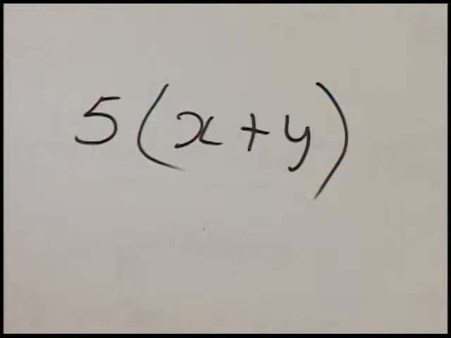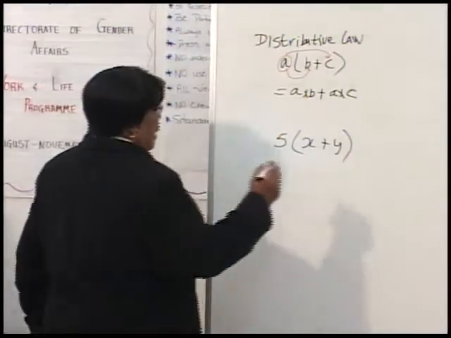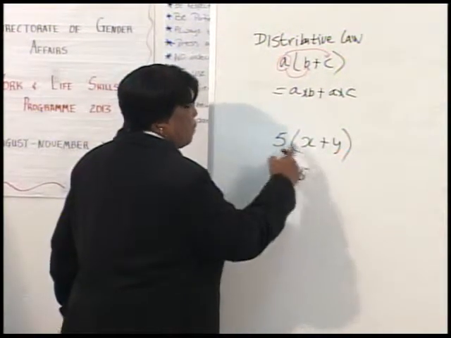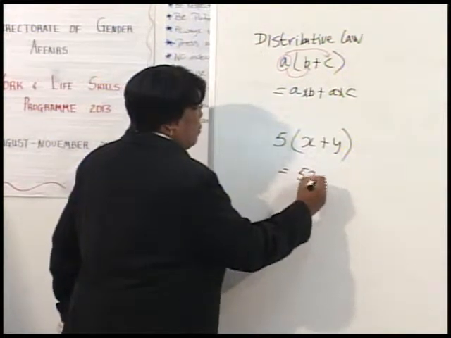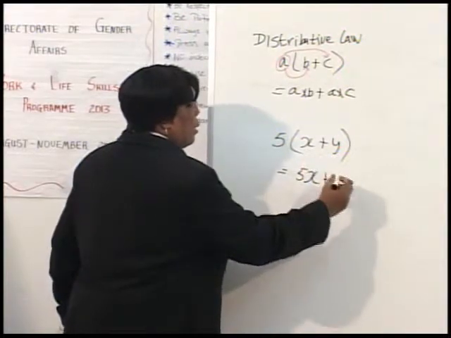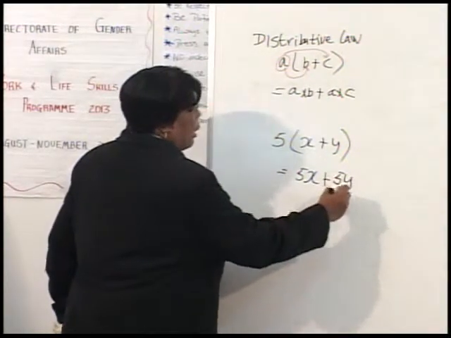Everything in the bracket must be multiplied by what is outside. Okay? So we can get then that this would be equal to 5 times x would give me 5x, and it is plus 5 times y would give you 5y.